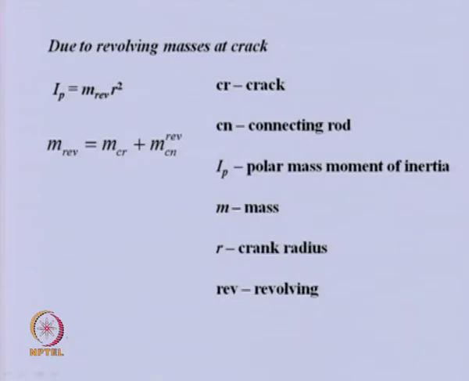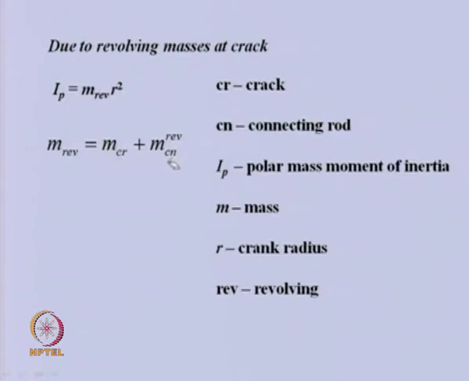Now, coming to the revolving masses at the crank. The polar moment of inertia will be given by the total revolving mass times R squared, where R is the crank radius. This revolving mass is the revolving mass of the crank itself as well as from the connecting rod.